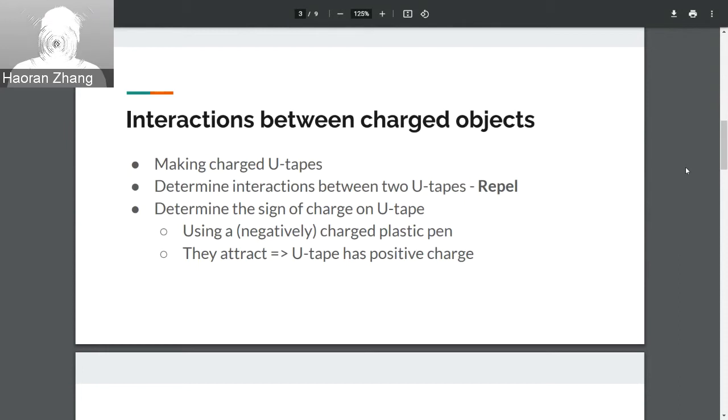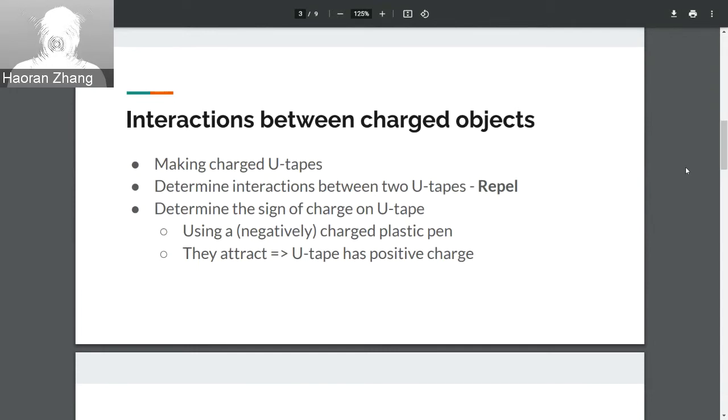If we make both U-tapes in exactly the same procedure, then theoretically, we should believe that those two U-tapes will have the same sign of excess charge. In other words, they should either both gain electrons or both lose electrons. So they should be both negative or both positive at the same time, and hence we should expect them to repel.